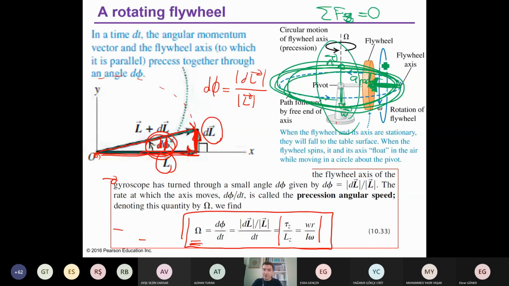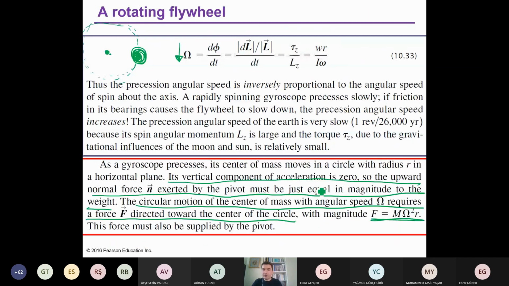What about this force? This force is given with this expression. How? The force is given with total mass of the system times a radial. Then instead of a radial, you can write omega squared times R, okay?